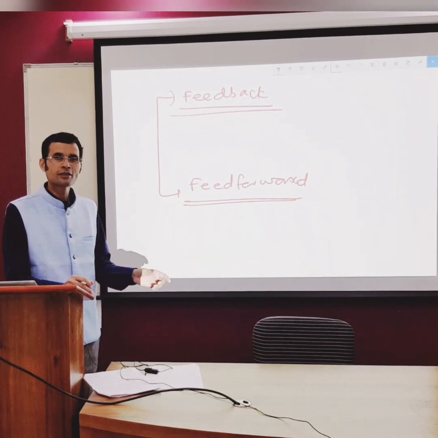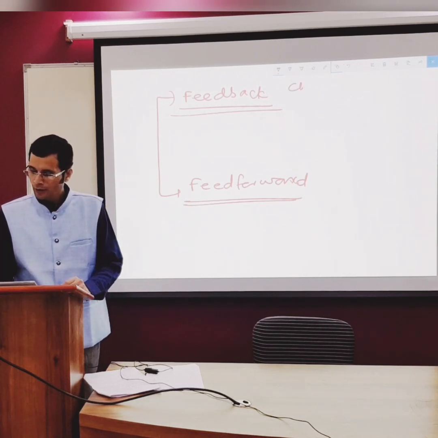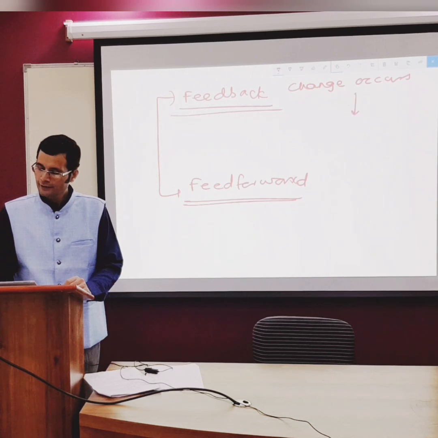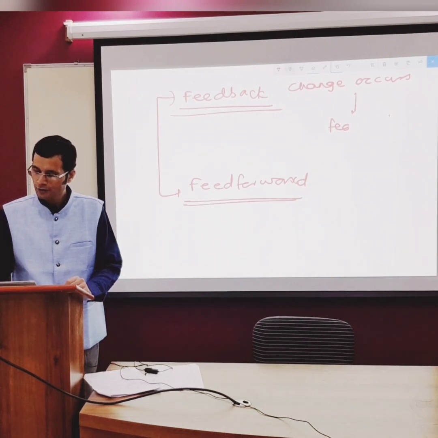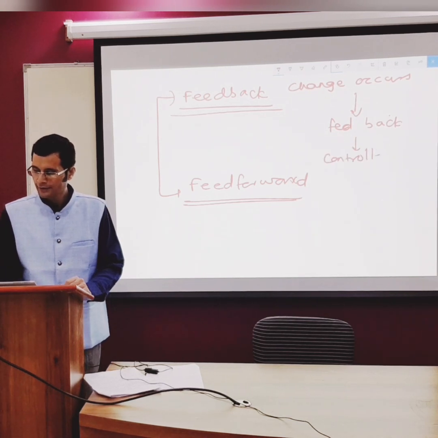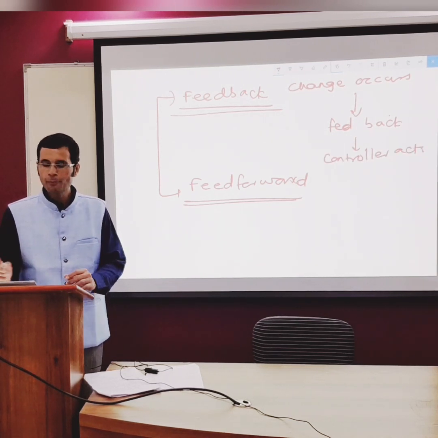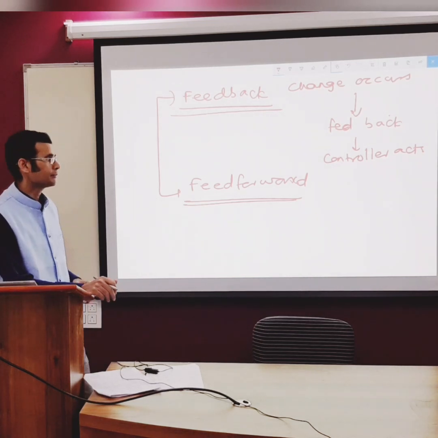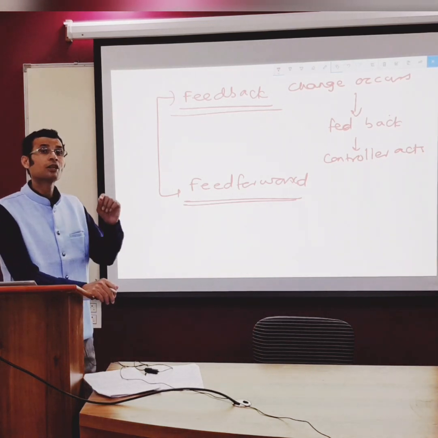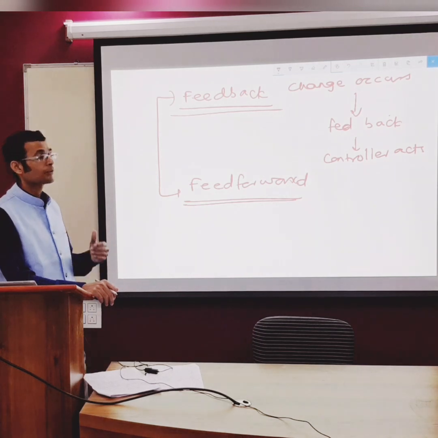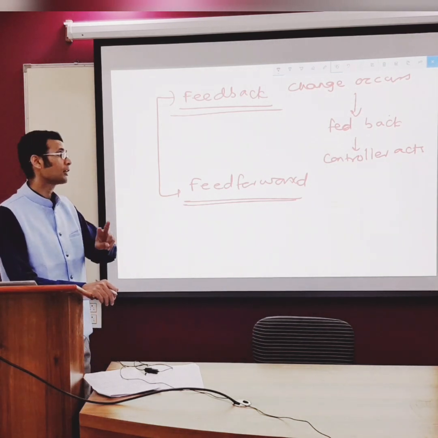The change occurs in the milieu, and that change is fed back to the controller, and then the controller takes the action. This will be the feedback type of regulatory mechanism. Change occurs, remember this, that change is fed back and then the controller will act.